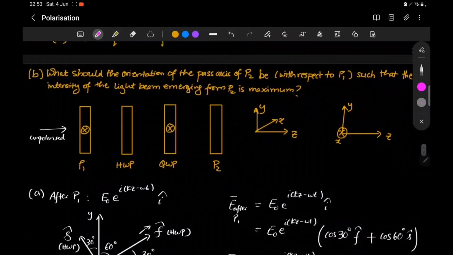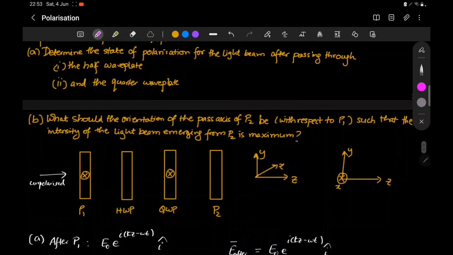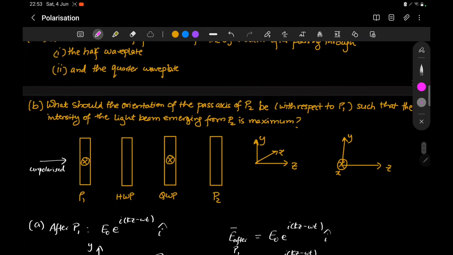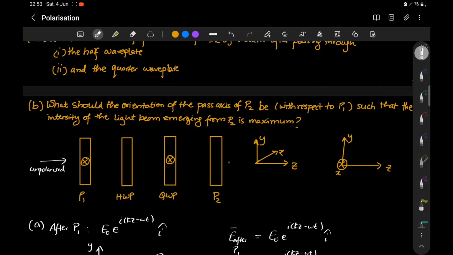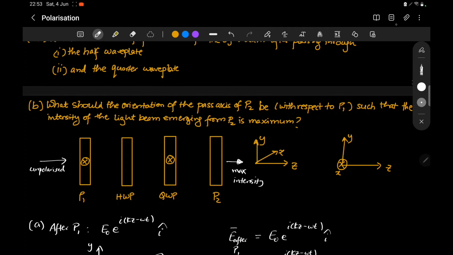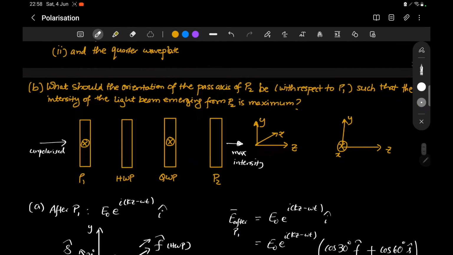Now, the next part involves this P2 polarizer. So we want the orientation of the pass axis of P2 to be such that after P2, this emergent beam should have maximum intensity, and the polarizer works such that it allows only the component along its transmission axis to pass through.